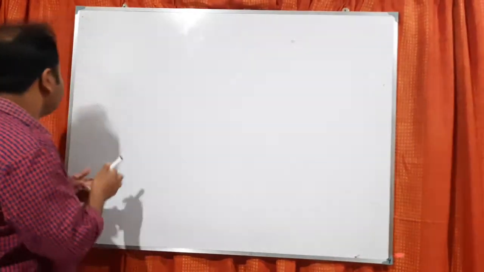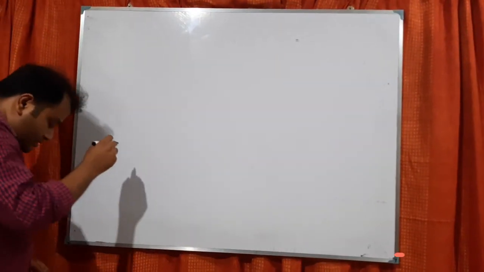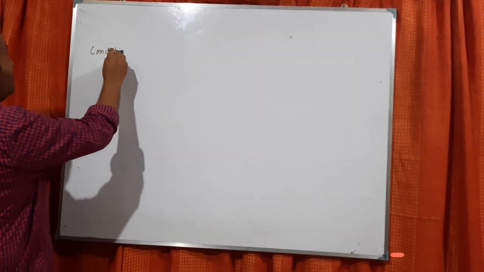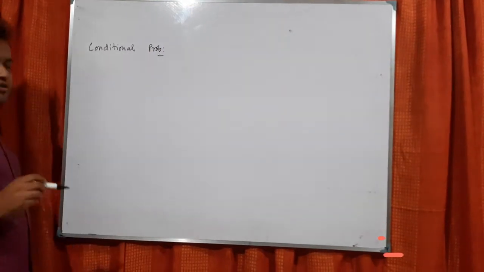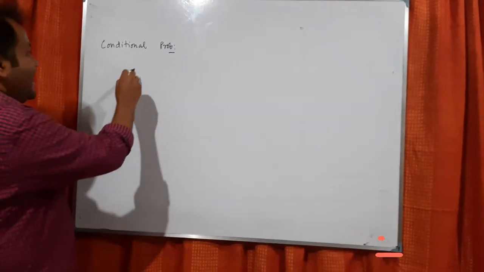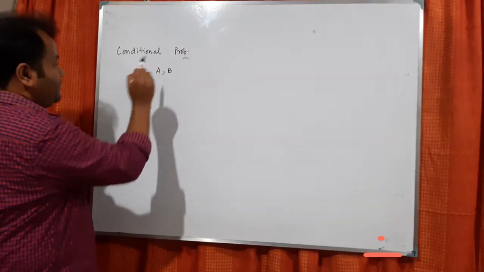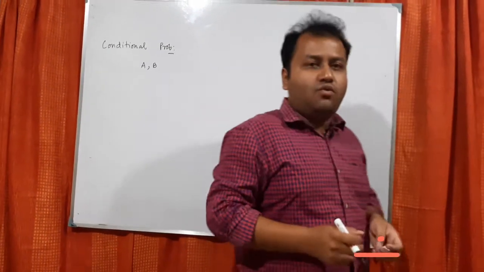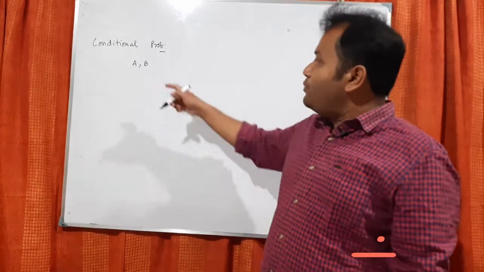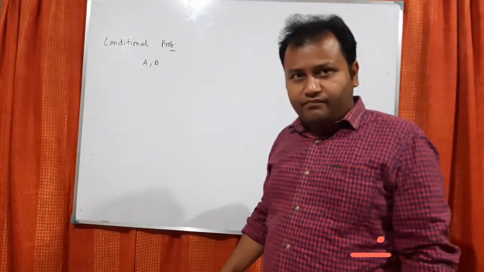So suppose there are two events A and B. Suppose B is happening in the background, then we are saying how many times A is happening.